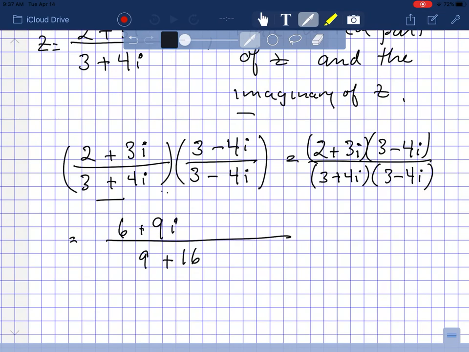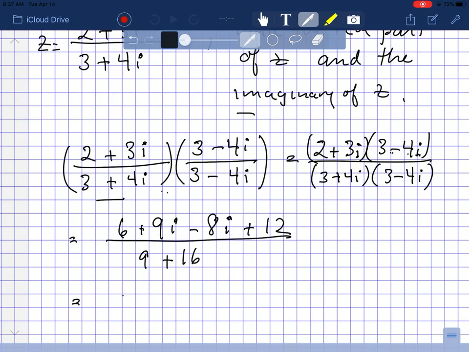And then I have 2 times minus 4i, so this is going to be minus 8i, plus 3i times minus 4i. So that's I times I is negative 1, times the negative 1 due to the minus sign, so that's 1, and then times 3 times 4, that gives me 12. So this is plus 12.